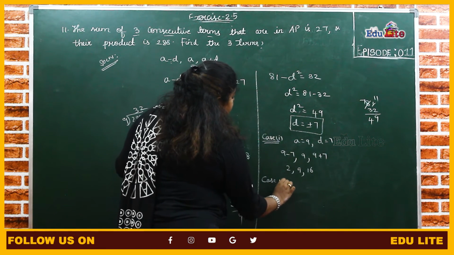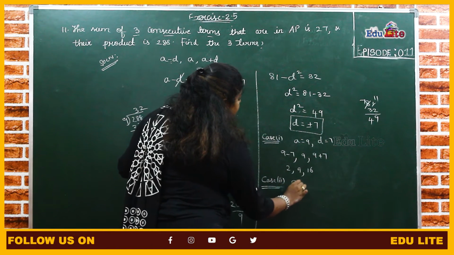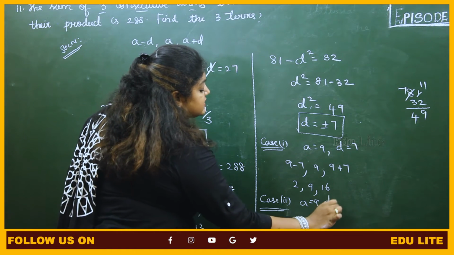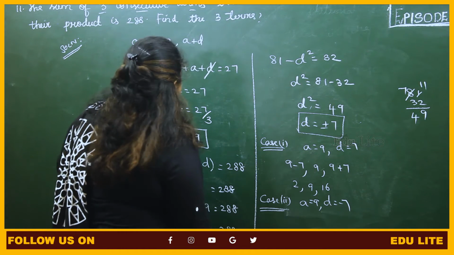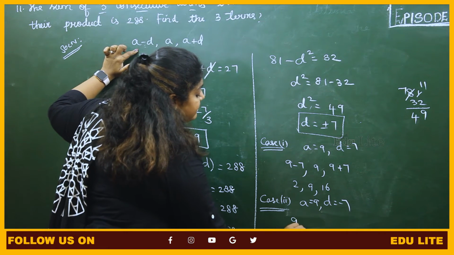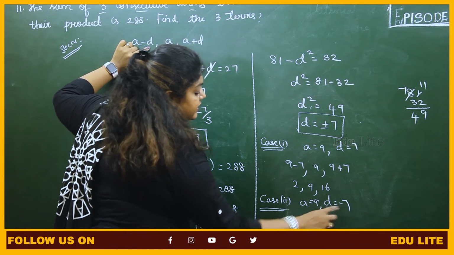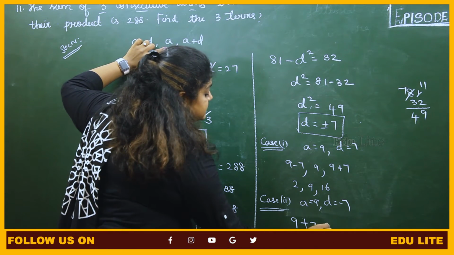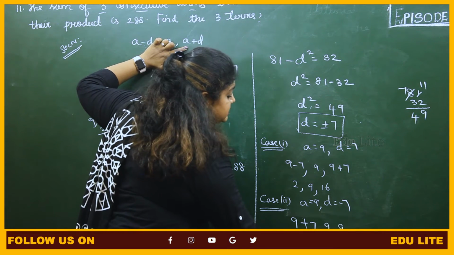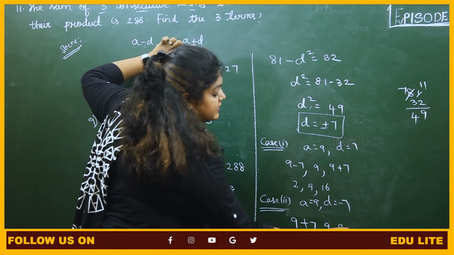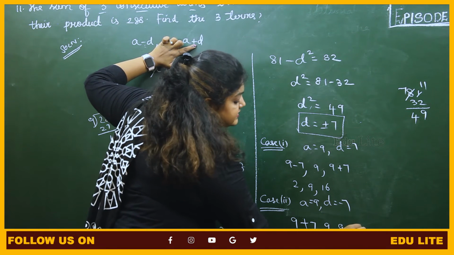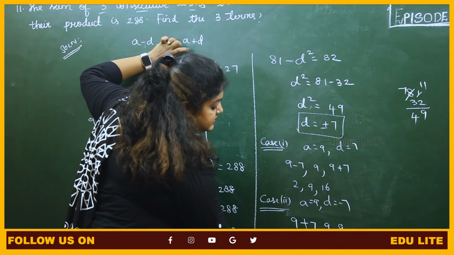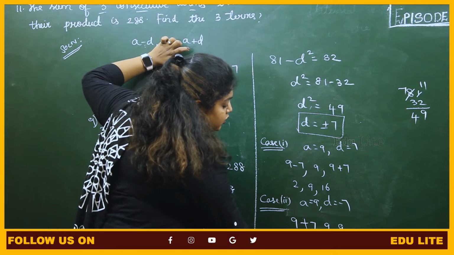Case 2 is when a is 9 and d is minus 7. We substitute in the same 3 consecutive terms: a minus d is 9 minus (minus 7), which becomes 9 plus 7, 16; a is 9; a plus d is 9 plus (minus 7), which becomes 9 minus 7, 2. So the terms are 16, 9, 2.